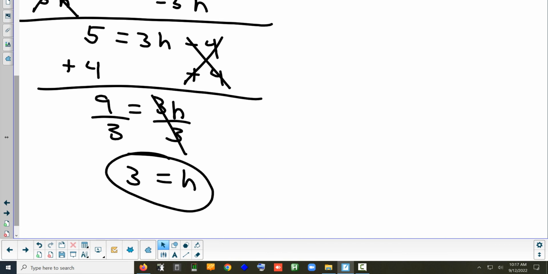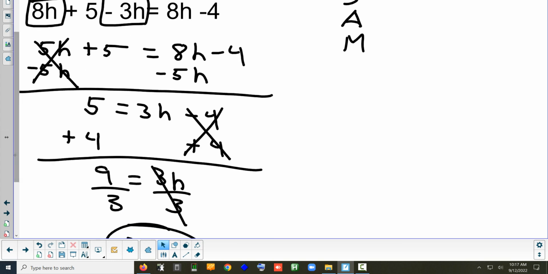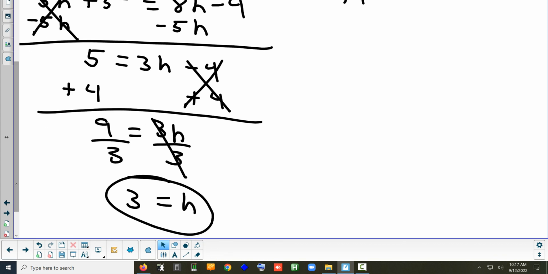Okay, any question on that? That one had a few steps. Combine like terms. Then we had to do some addition and subtraction, and then some more addition and subtraction, and then finally some division. So that one had four steps. Any questions on that?